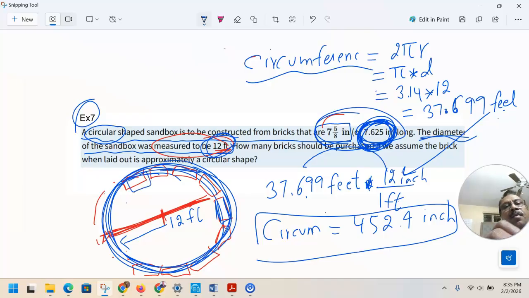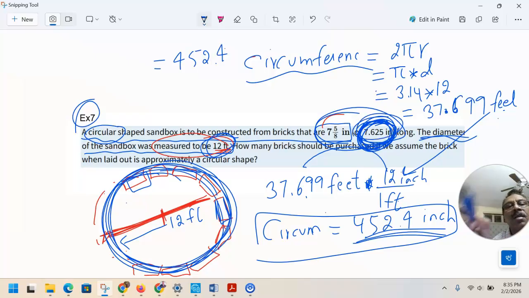We don't know how many pieces go all around this 452.4 inches. So the total has to be 452.4 inches, and each brick is 7.625.